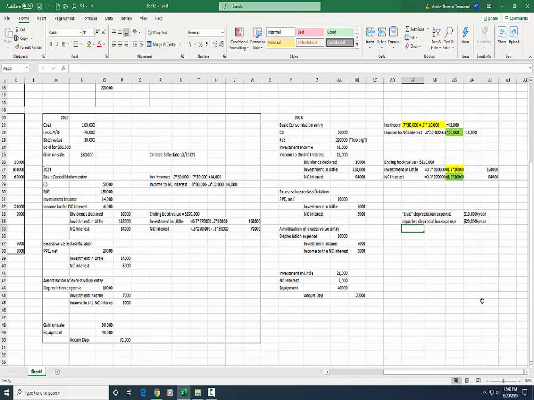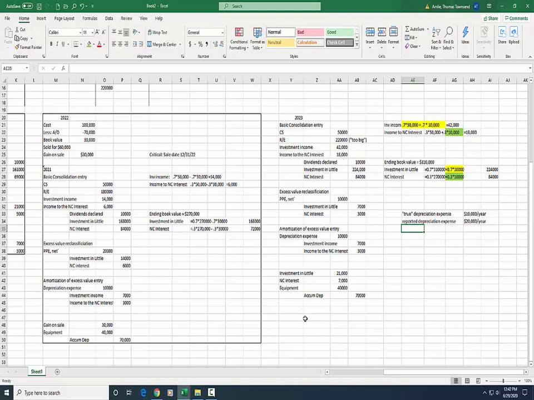And again, our goal here is to make it appear as though this sale never happened. And part of doing that is saying, look, the parent is recording too much depreciation expense. We need to undo part of that depreciation expense. And so basically we're going to reverse part of it, and again, we're not actually reversing it on the parent's books. We're reversing it in the consolidation entries.